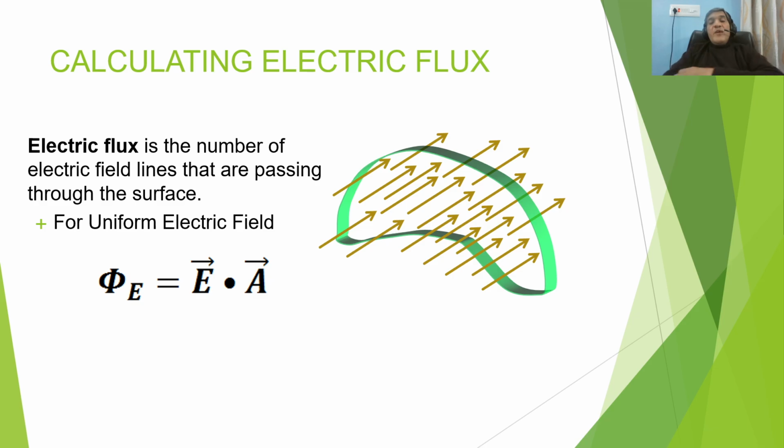The electric lines of force move away from the positive charge and come towards the negative charge. So if the charge is positive, the direction of the electric field moves away from the charge. So the closed surface that encloses the charge has electric flux, or electric flux is related to the total charge enclosed by the closed surface.